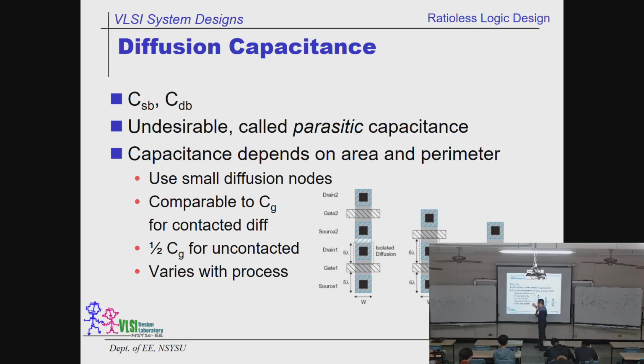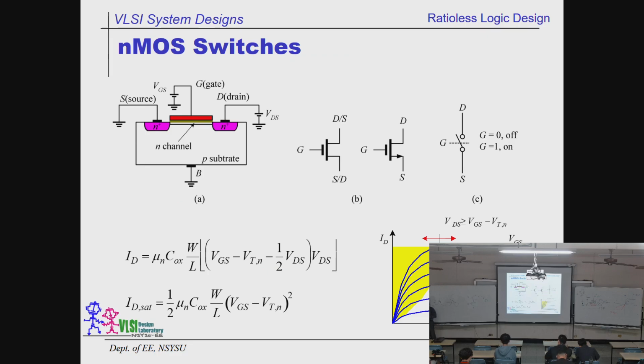We are going to save at least half of the CGT for uncontacted. So this is a very good design compared to these two. We have to think about how to merge things together. However, you still have to follow the design rules. So this is the final and better summation of the behavior of a single device.